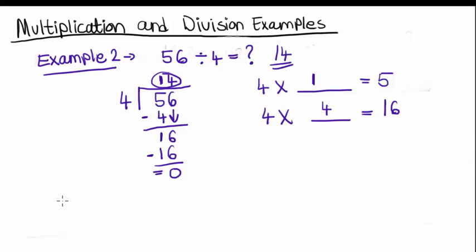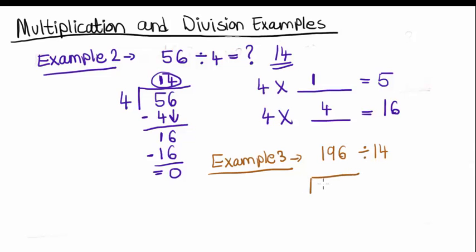Okay, so let's do one more example with long division. Let's say I want to find the answer to what is 196 divided by 14. I set it up like I did in the previous example by putting the 196 inside the box and 14 outside the box.